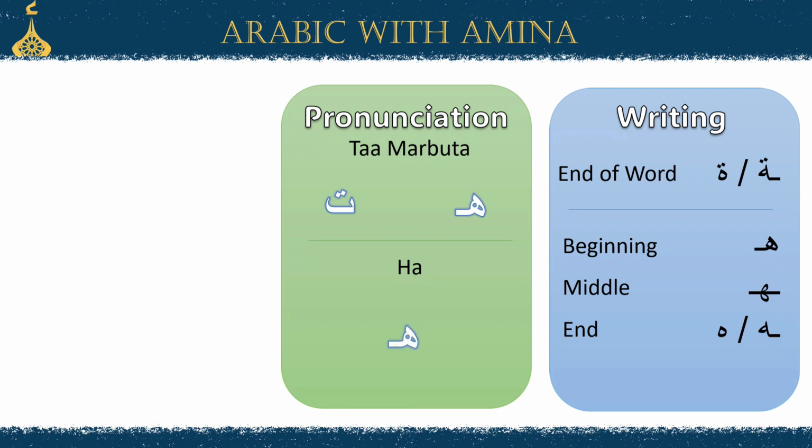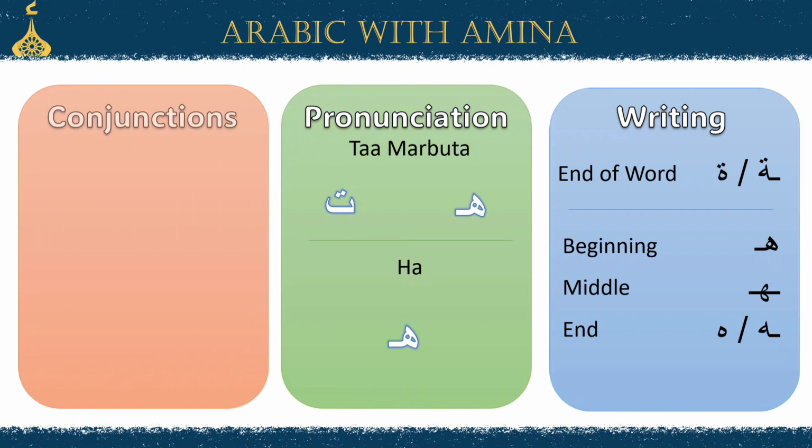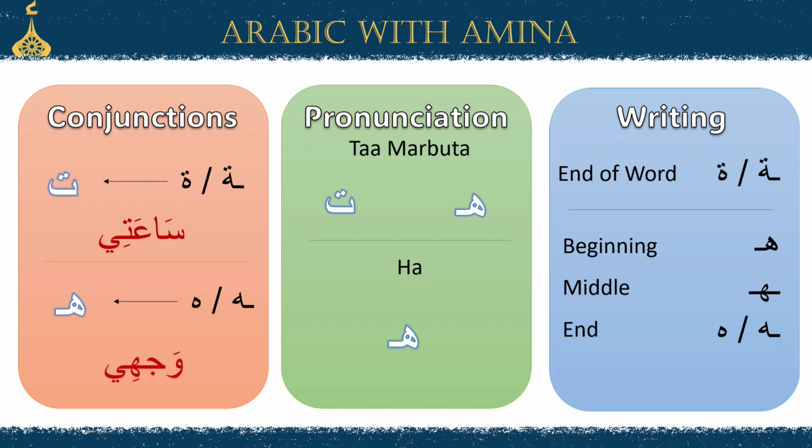The letter ha will always sound like the letter ha. The third difference is conjugation. Adding a suffix to ta marbuta changes it to a ta, such as sa'ati, my watch. However, adding a suffix to the letter ha doesn't change the letter, such as in the word wajhi, my face.